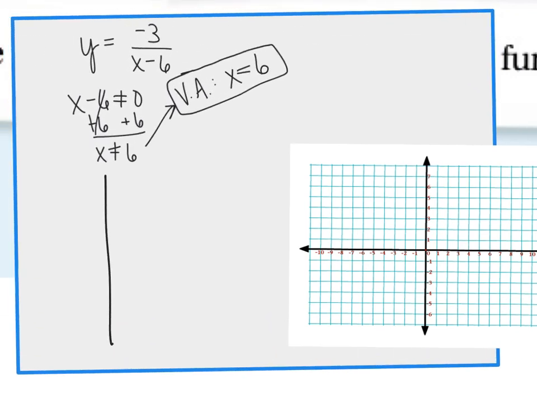So I'm just going to pick some numbers close to that. Let's say we pick 3, 4, and 5 as being smaller than that. And then we'll pick some numbers bigger than that. So let's say 7, 8, and 9.